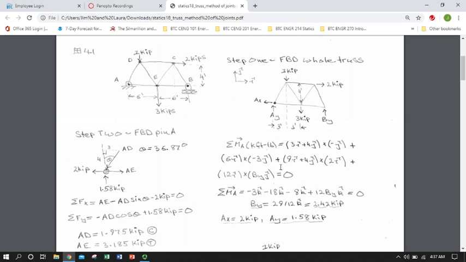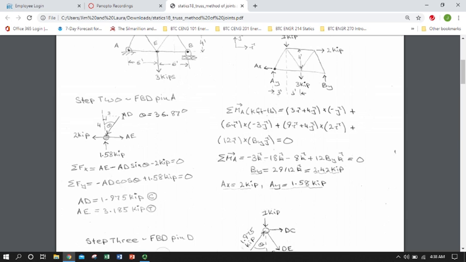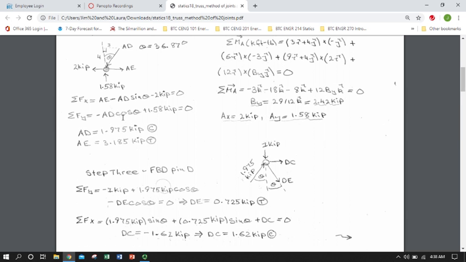Okay, so with my support reactions at A and B, I'm prepared to start into my method of joints. I'm going to start at pin A, and here's where I will invoke the geometry of the members. At this point I don't need to see the truss anymore except to set up the geometry of the member intersection for each joint.